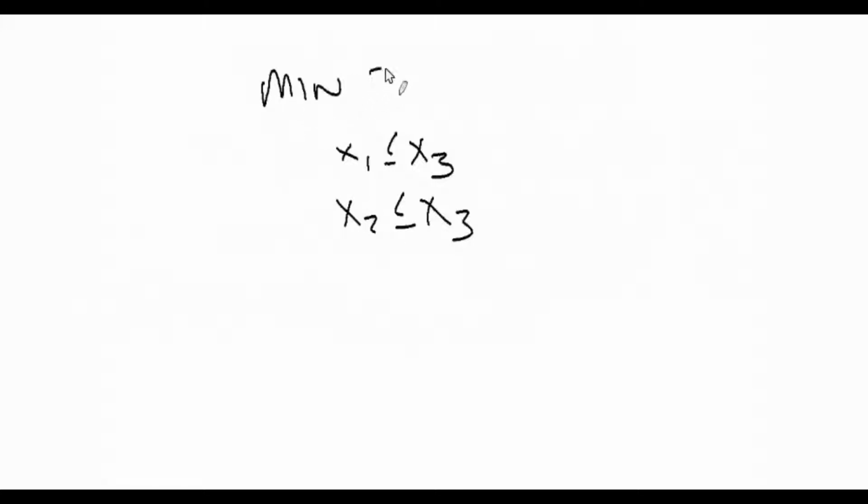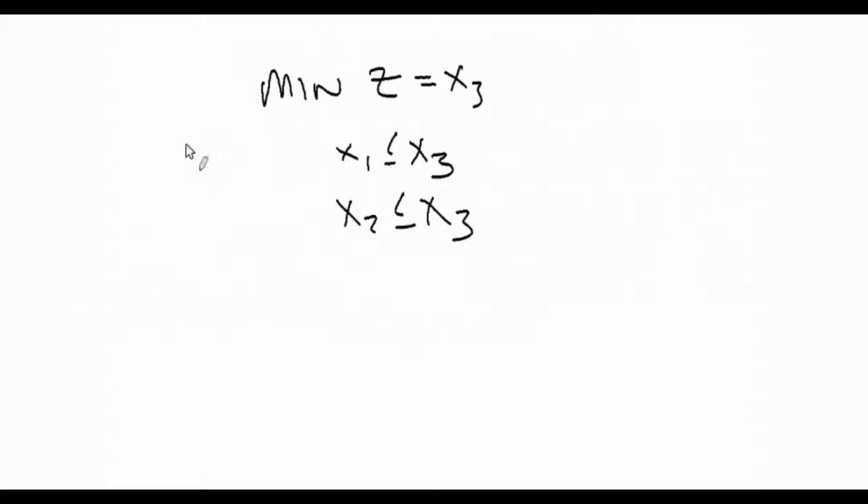And x sub 3 is going to be an upper bound on x1 and an upper bound on x2, and we are going to minimize z equal to x3. So what this does is it's going to force down the maximum of x1 and x2. That was our max function. So this part effectively substitutes for the max function that we had above.